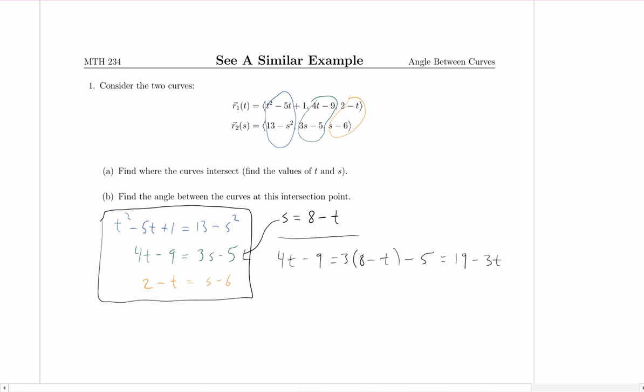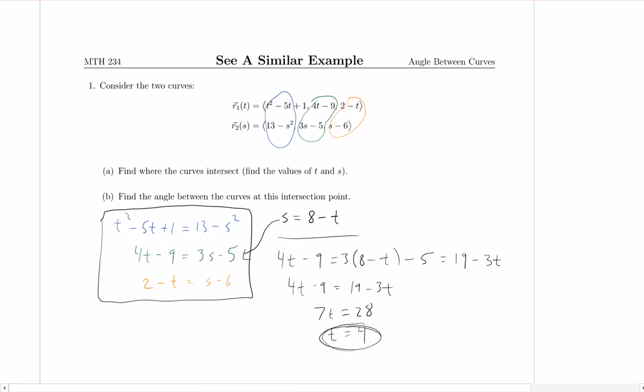So now let's ignore the middle. This says 4t minus 9 is 19 minus 3t. Now shuffle things around, move the t's to the left: 7t equals, add 9 to both sides, 28. Finally divide by 7 to get t equals 4.